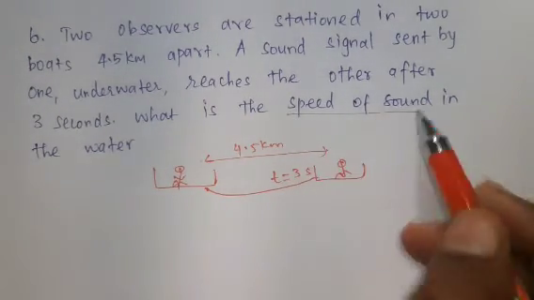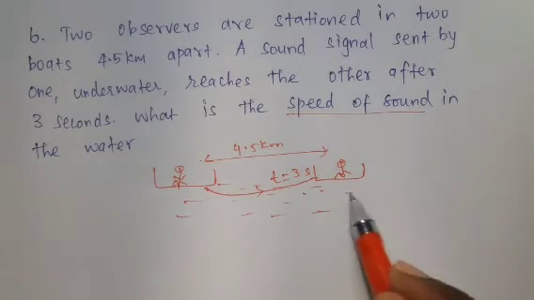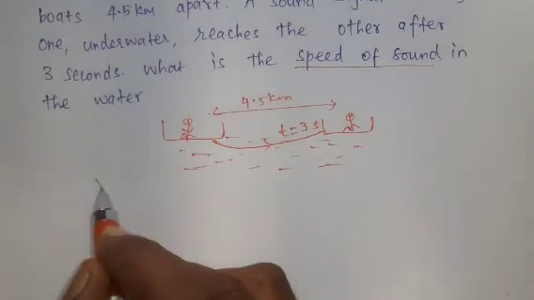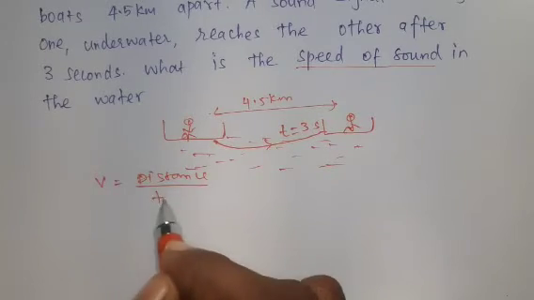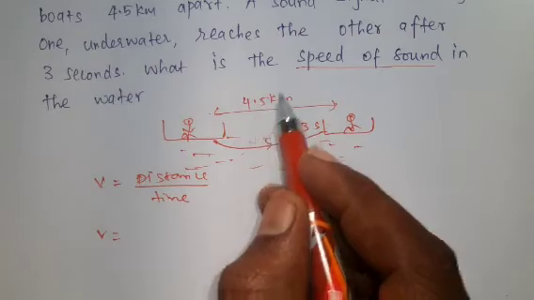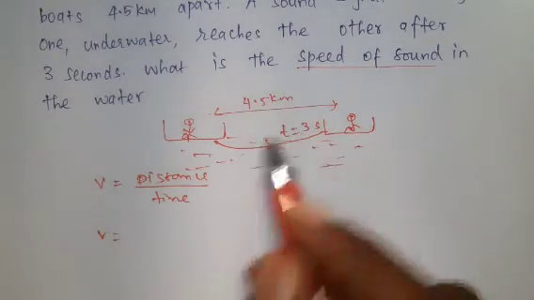Now what is the speed of sound in water? So in water we have to find the speed of sound. The speed of sound formula, we know that v is equal to distance by time, where distance is 4.5 kilometer. This 4.5 kilometer we can convert into meter by multiplying by 1000.